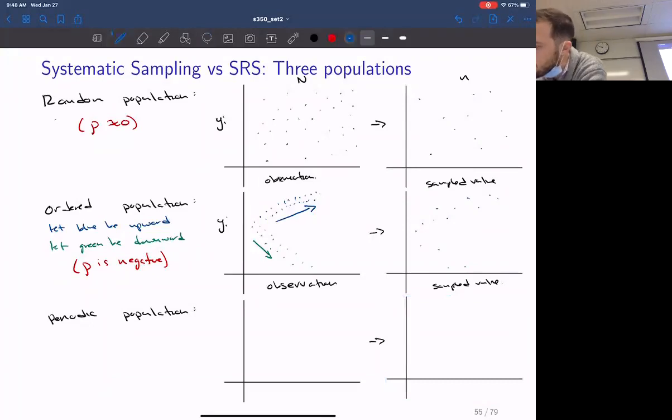And then the last one. So the periodic population can lead to a positive correlation for the following reason, but you can get around this depending on the value of K you pick. So let's suppose that we have something that looks like this.